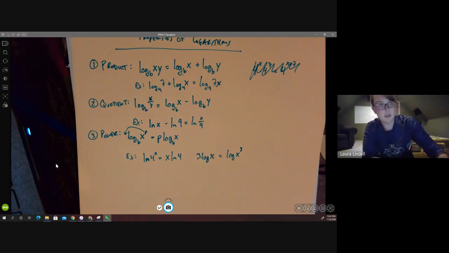So here's what we are going to do with those properties. The first thing we're going to learn to do is combine things. The second thing we're going to learn how to do is a different way of evaluating logarithms.